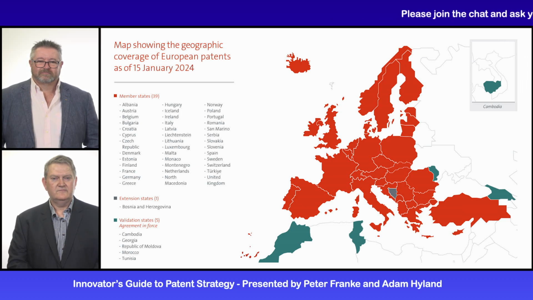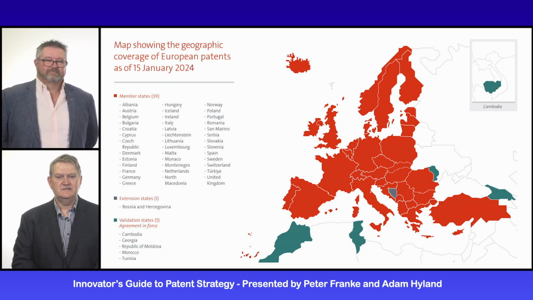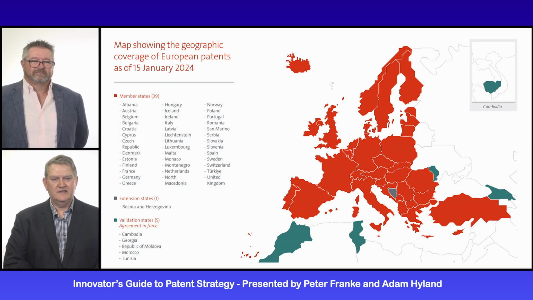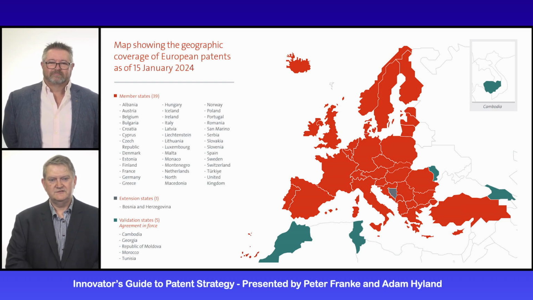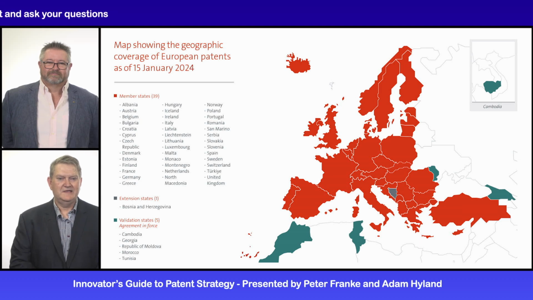But there is something very powerful called the European Patent Convention, which all of those countries are part of. So everything that's in red on that map is a member of the European Patent Convention. The ones in the kind of tealy blue colour are what are called extension states, and that means you can tick a box and include them as well if you want to at the time of filing. Kind of perversely, that includes Cambodia, but mainly contiguous countries.